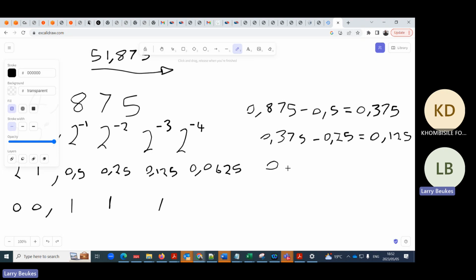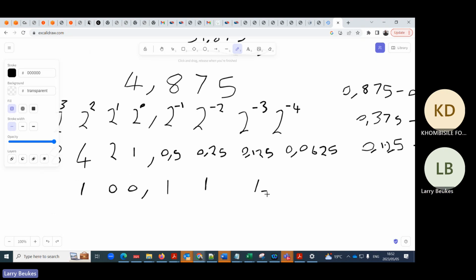So we're going to need this, too. So we know that we use 0.5, 0.25, and 0.125. So this is the answer in binary.